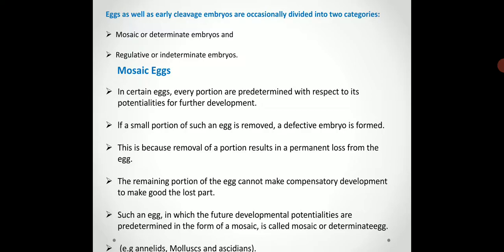Such an egg in which the future developmental potentialities are predetermined in the form of a mosaic is what we call a mosaic or determinate egg. Examples: annelids, molluscs and ascidians.